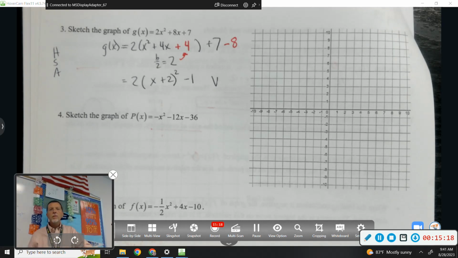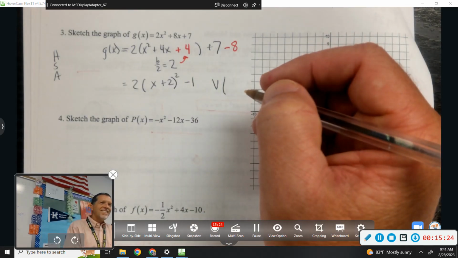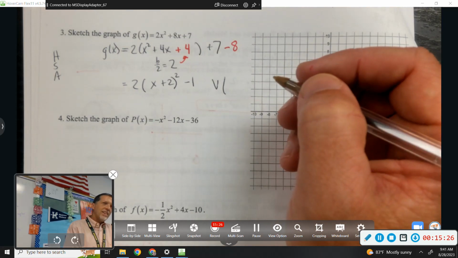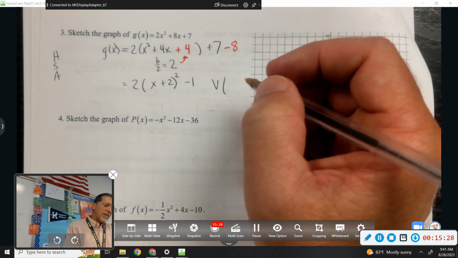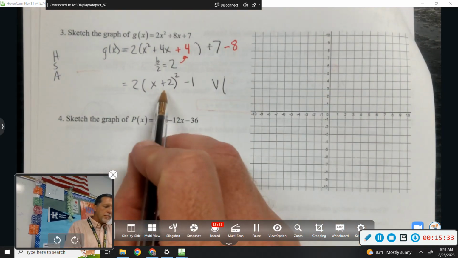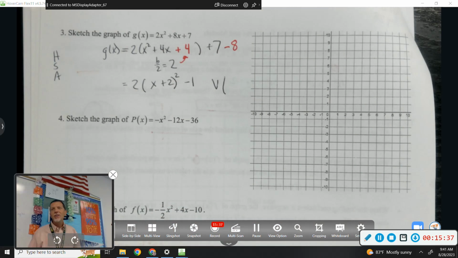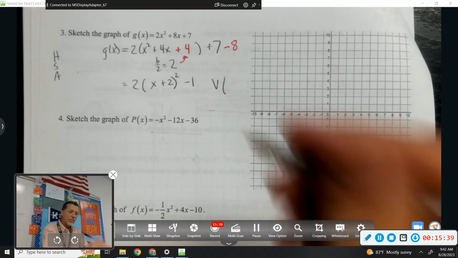So, Mari, what's the vertex for this one? 2. Minus 2. Which one? That x plus 2. What does that do? This is the question you were asking earlier, is why I called on you. Oh, to the left 2. To the left 2. Good. So negative 2.